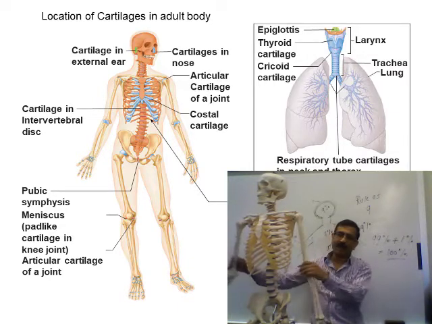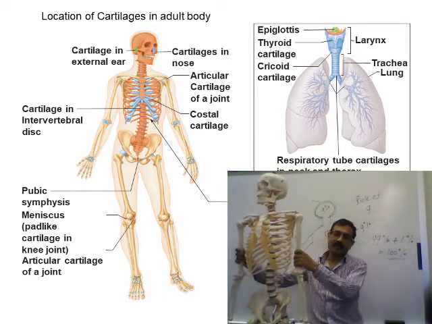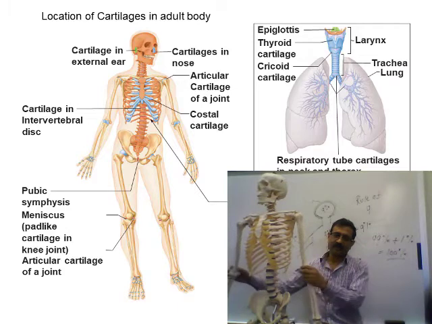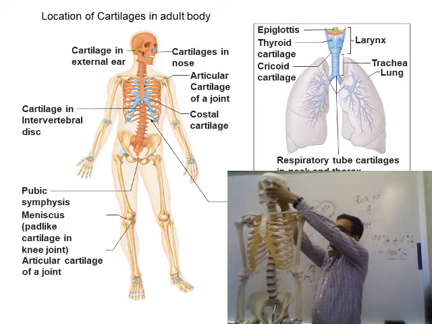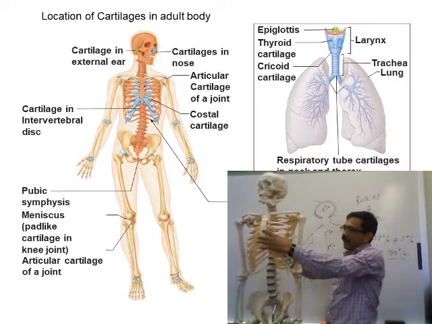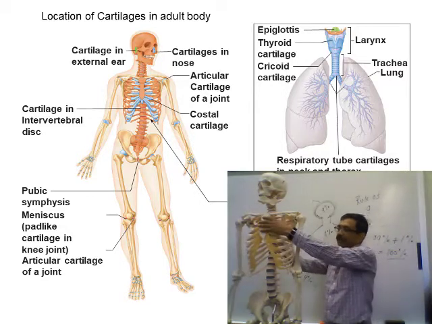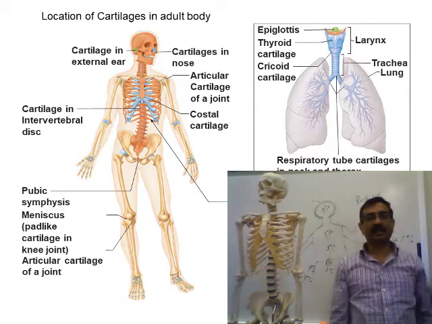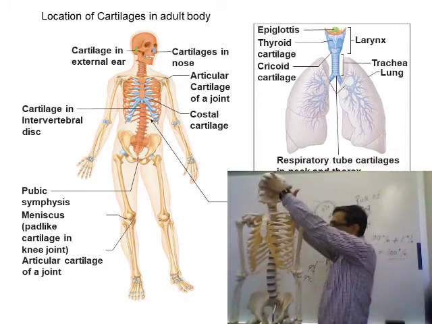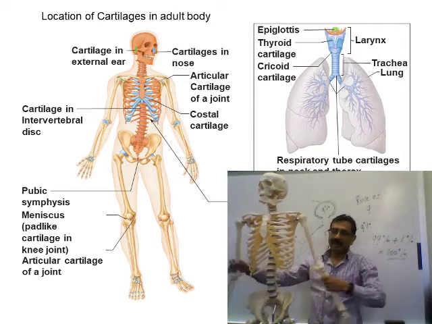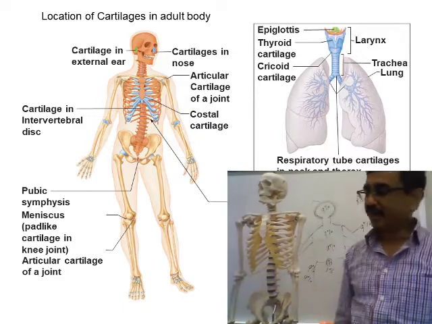So bones of your upper and lower limbs form the appendicular part of the skeleton, and those bones are appendicular bones. The head, neck and the trunk, the bones of the head, neck and the trunk belong to the axial skeleton. So they form the axial part of the skeleton. So this part is the axial part of the skeleton, and upper and lower limbs belong to the appendicular skeleton.